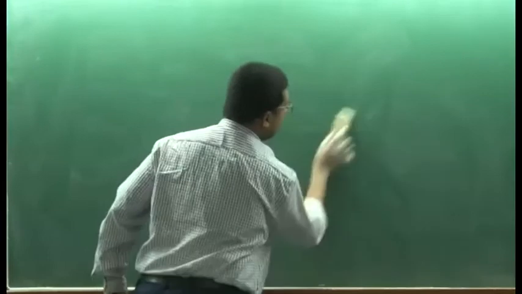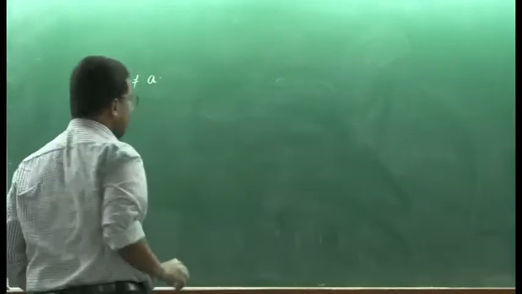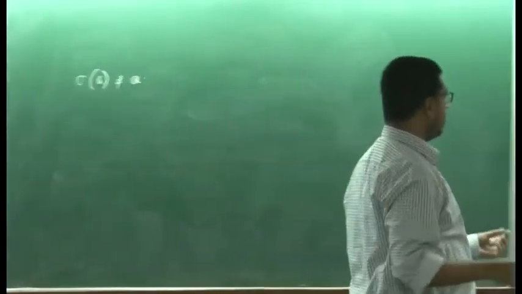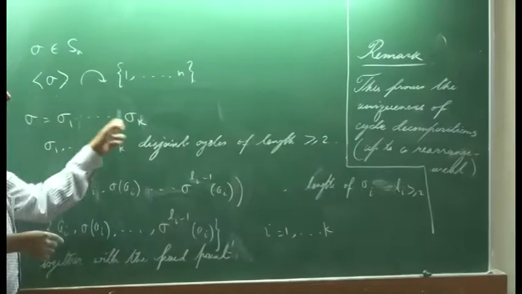And for any point whose orbit is non-trivial. So, if a is a point which is moved by sigma, then a must be moved by one of these sigma i's.